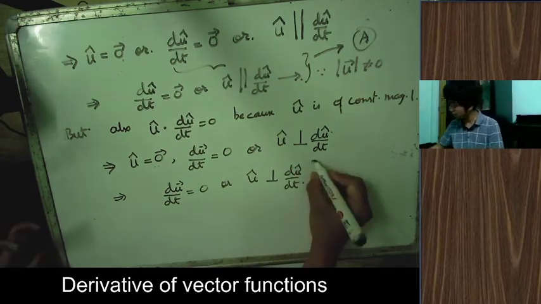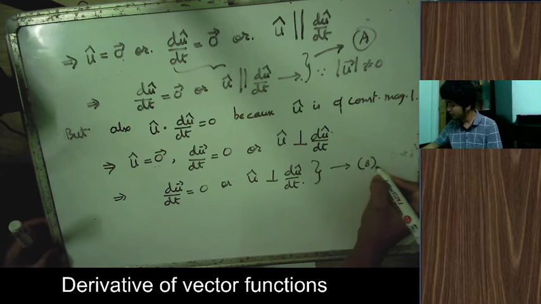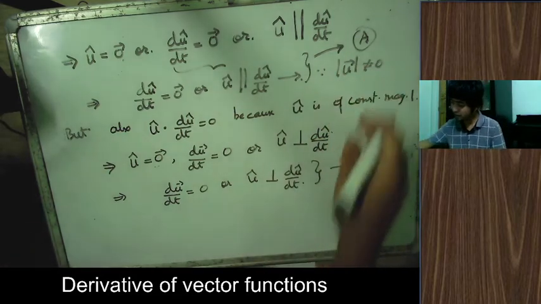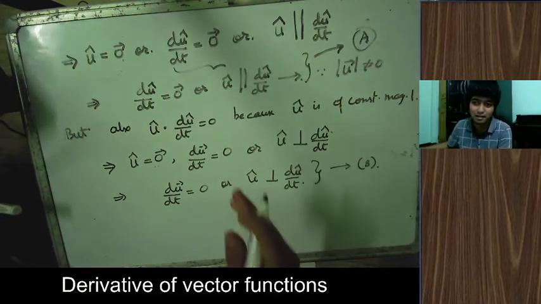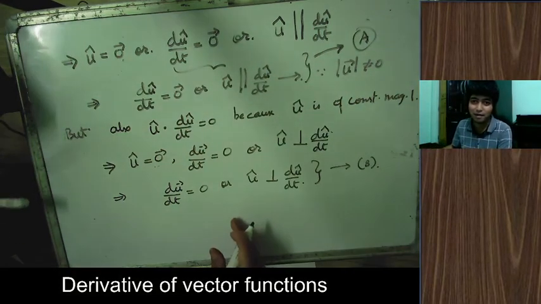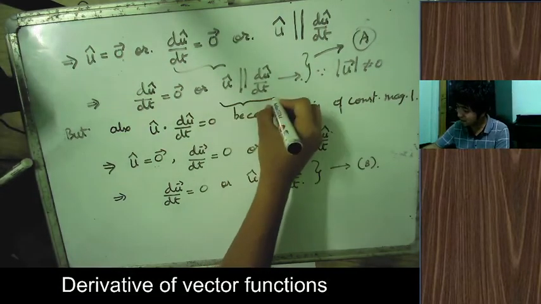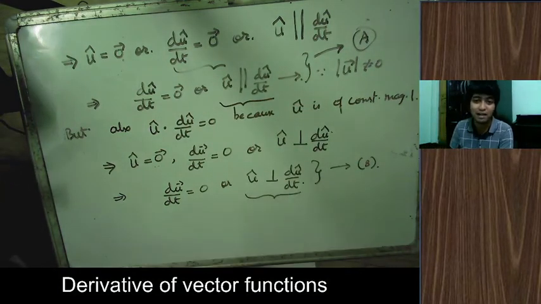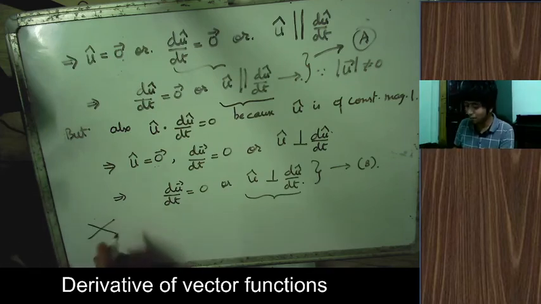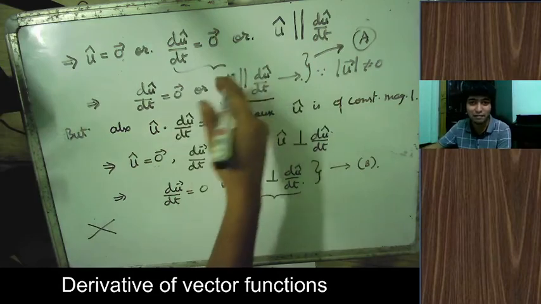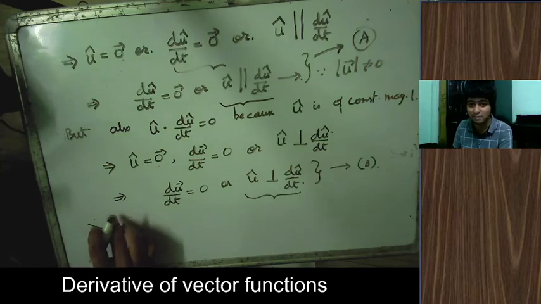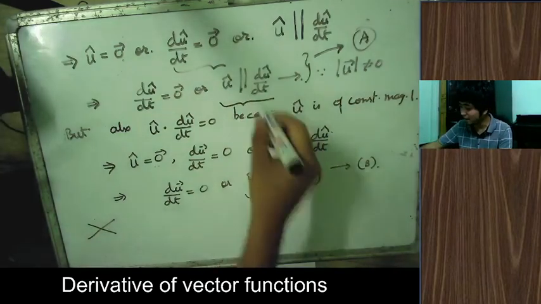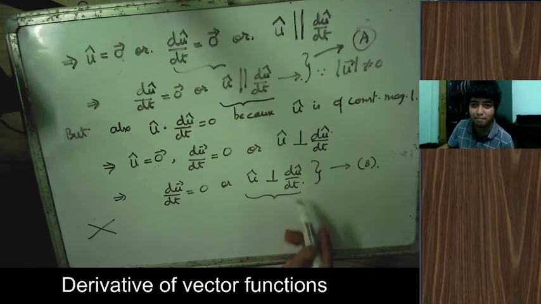So this is what we are having from A and from B. These two things happen at the same time. This means that parallel and perpendicular cannot both happen. Two lines cannot be parallel and perpendicular at the same time, because vectors are represented as line segments.